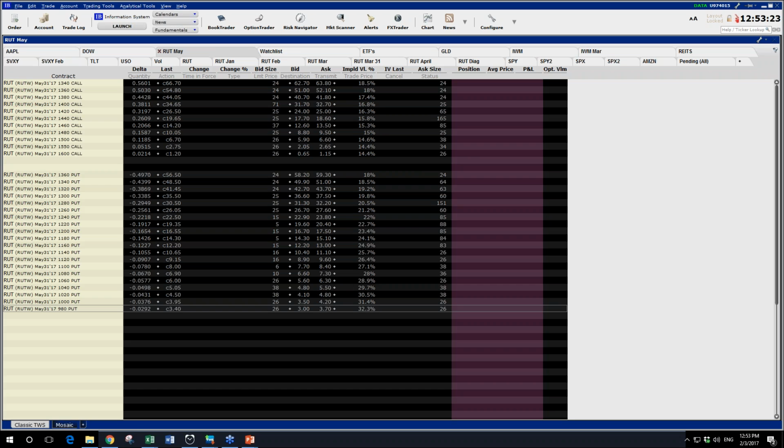Okay, so again, long Vega benefits if volatility rises. So if you've got a long Vega trade, the market goes down, volatility rises, it's good for a long Vega trade. Generally any trade that's long Vega is going to benefit from a fall in the market and volatility rising.